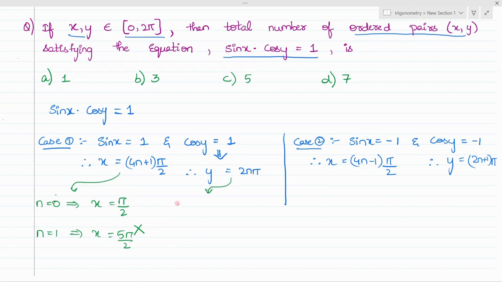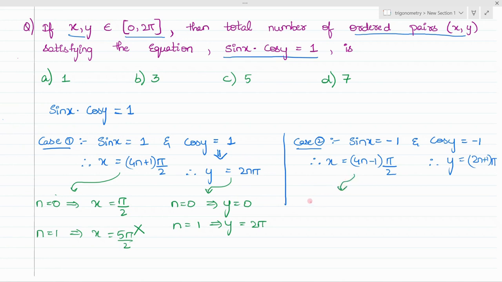Now for y, when n is 0, y will be 0. It belongs to 0 to 2 pi because 0 is included. Next, if n equal to 1, y equal to 2 pi, which again satisfies. But if you keep n equal to 2, it exceeds this range. So only two values are possible.